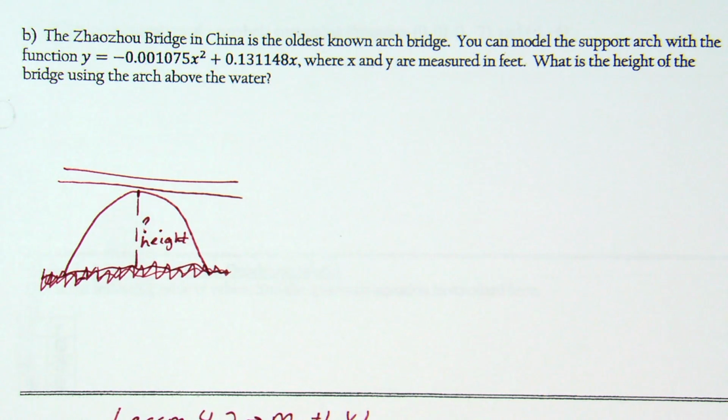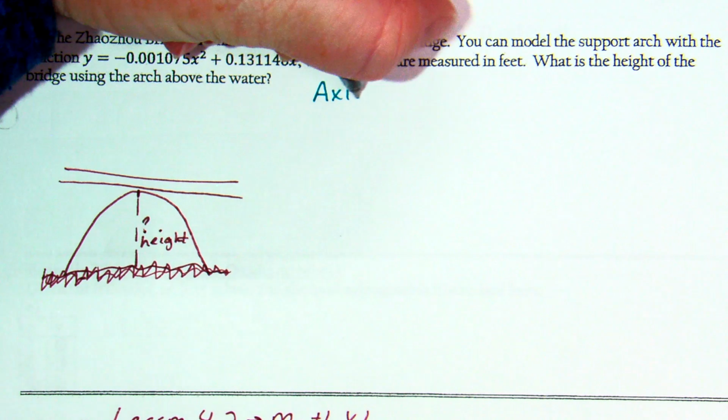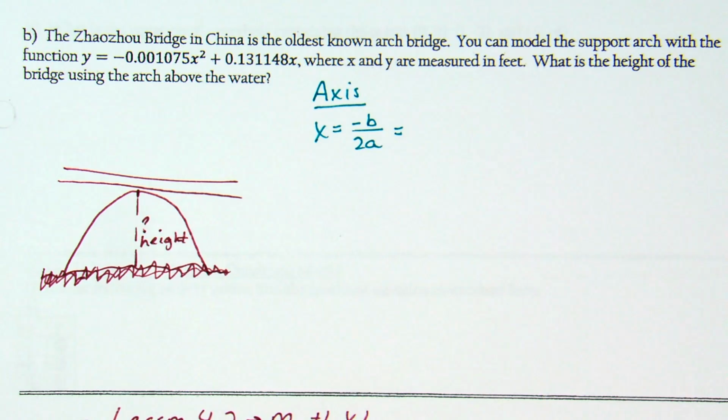Okay, so what do we have to do to get to that maximum value? Start by finding, what have we done every single problem in this lesson? Axis of symmetry. Okay, axis of symmetry, x equals negative b over 2a. What's b?